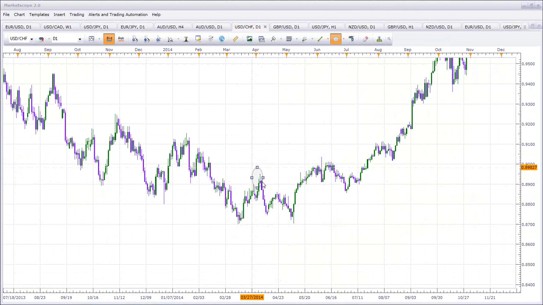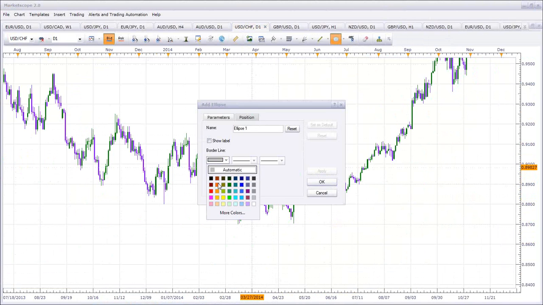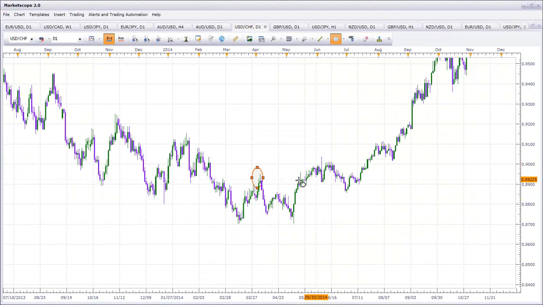What do you think this is? Look at this one. This is the shooting star. You see the market was going up, and we have this short body of a bullish shooting star, followed by a very strong bearish candlestick, and thus a bearish reversal.